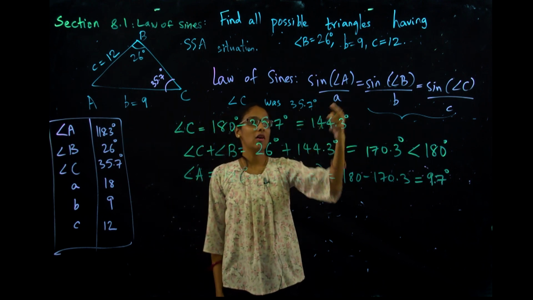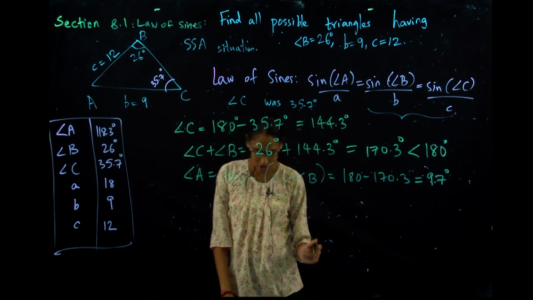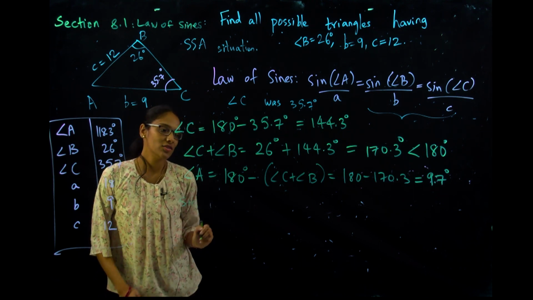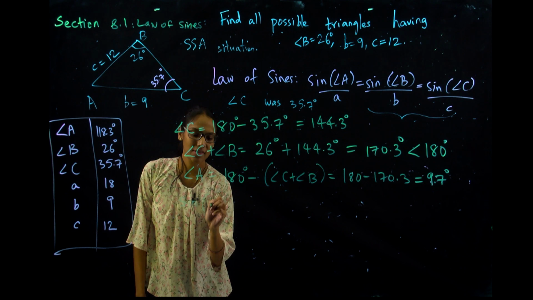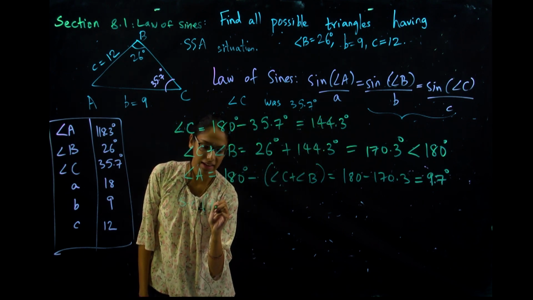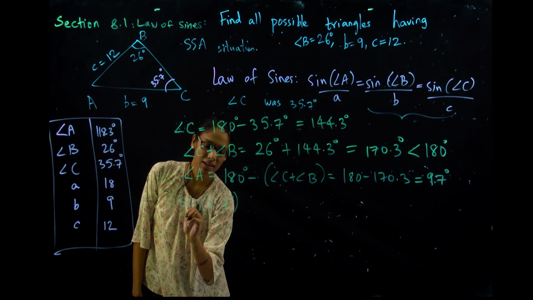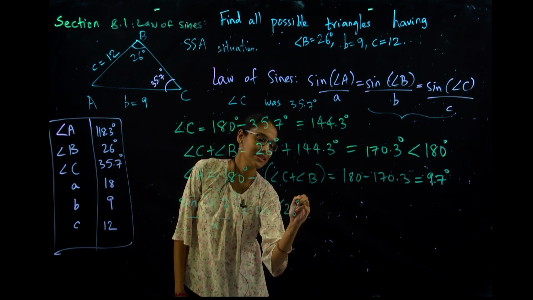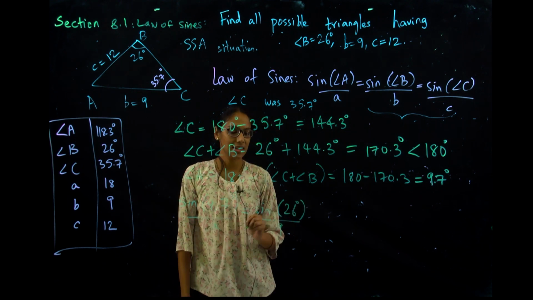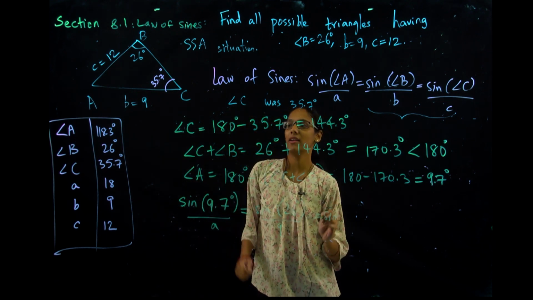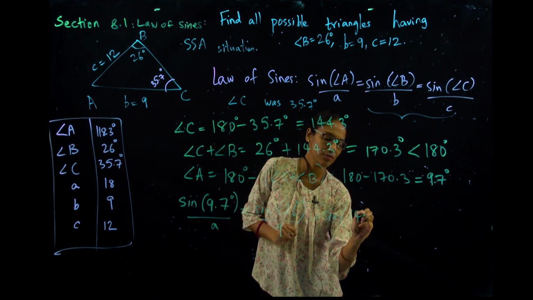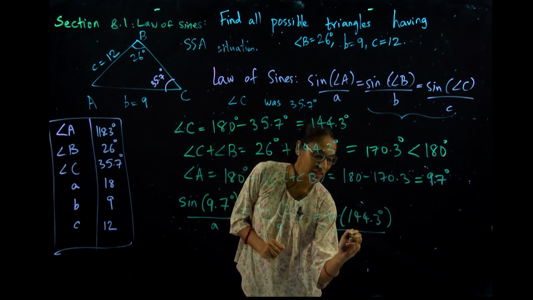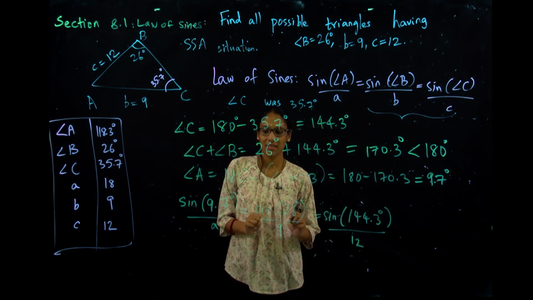Now again, using the law of sines, find the remaining measurements. So the same work follows. So we would have, just filling in whatever we found out, sine of angle A by a, so sine of 9.7 degrees by little a is equal to sine of angle B, which is 26 degrees, by little b, which is 9, equals sine of angle C, which is 144.3 degrees, by little c, which is 12 units.